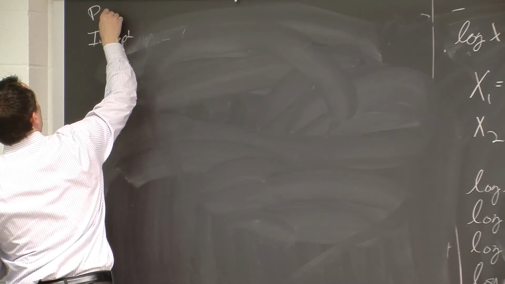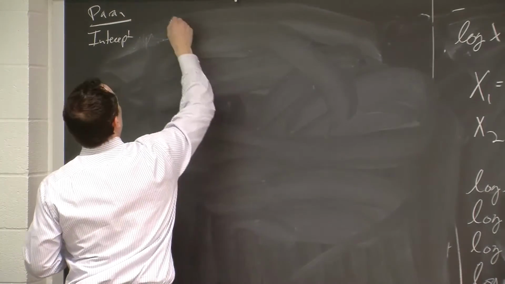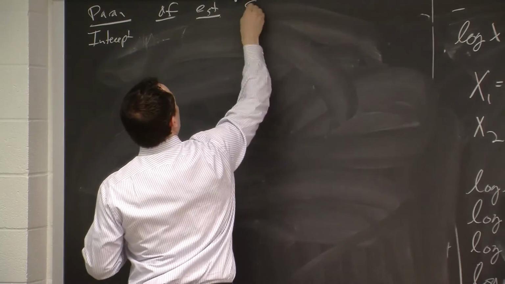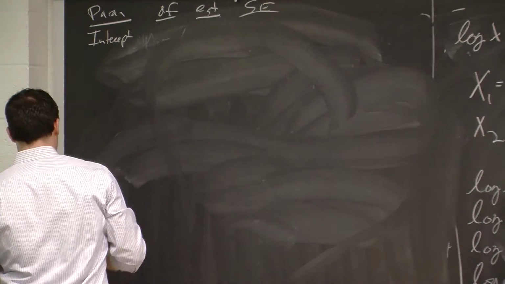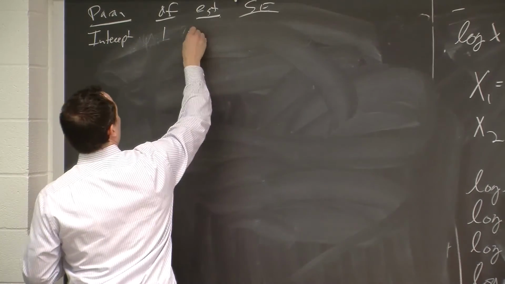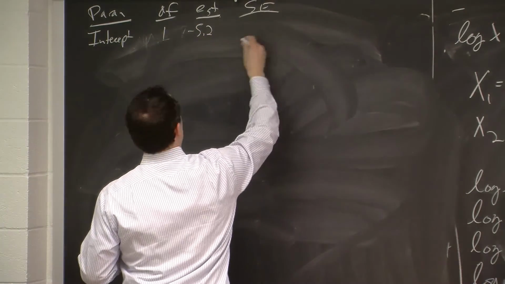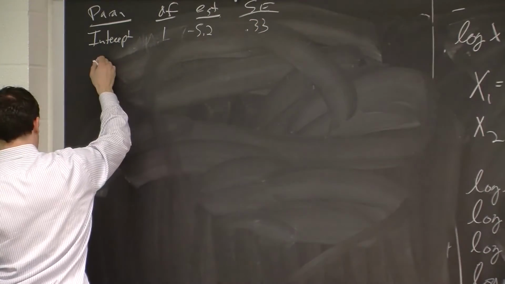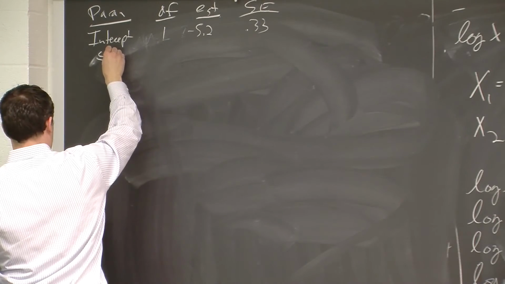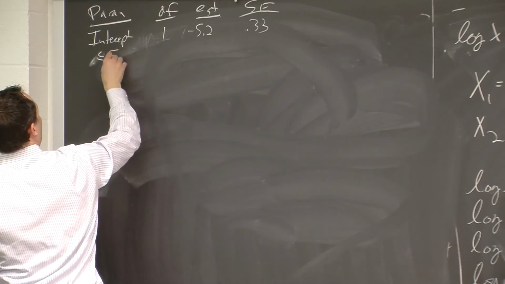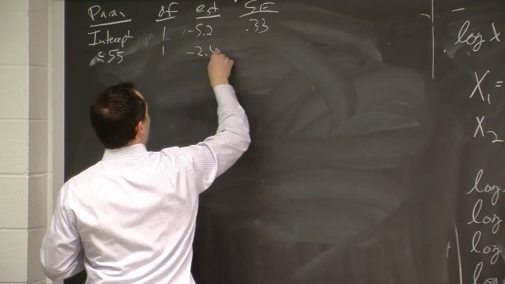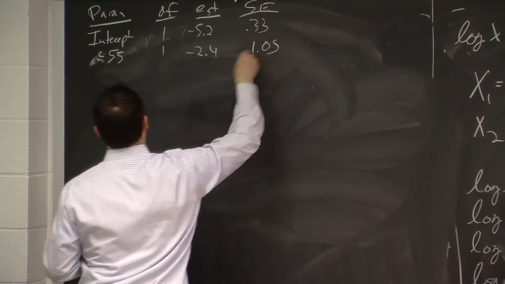So parameter, degrees of freedom, estimate, standard error. So let's see, the intercept we said was minus 5.2, and the standard error is 0.33. The under 55 estimate is minus 2.4. The standard error is 1.05.